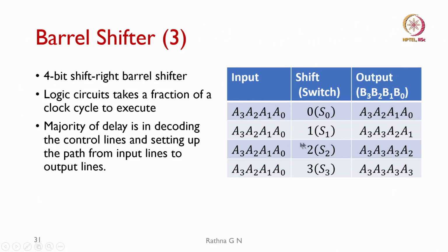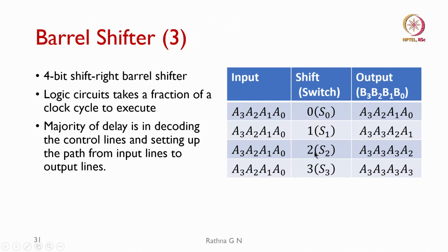When switch 1 is operated, I have to do a shift right by 1. In this case, the MSB value is pushed into the last place. We shift A0 out, and it becomes A1, A2, A3, A3.